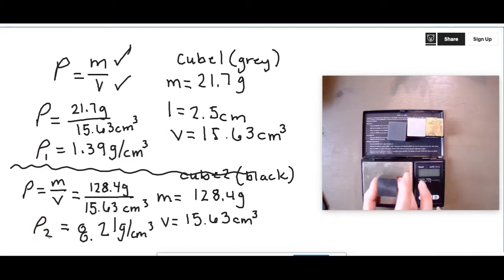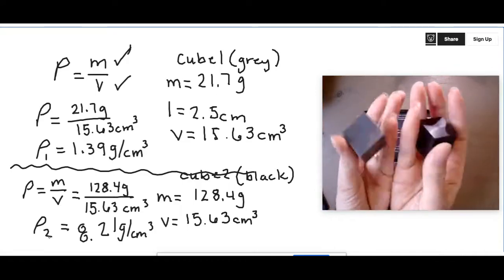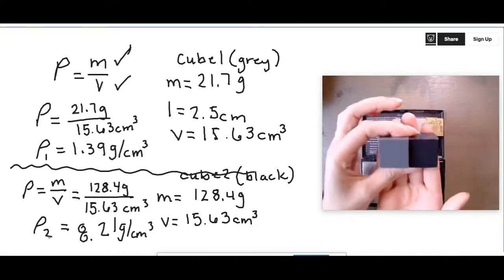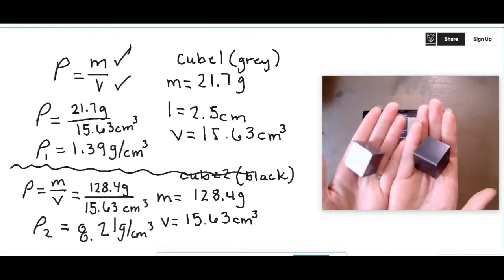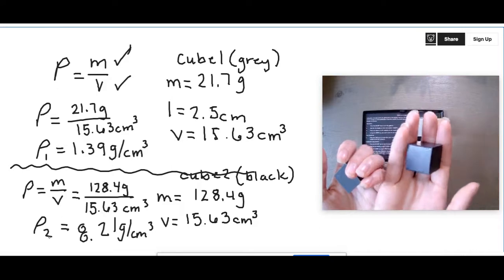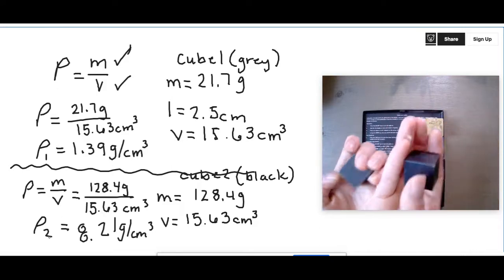Now, this gives us an excellent example of the conceptual understanding of density. So again, we can see here that although these two cubes had exactly the same volume, they have very different masses. As you remember from what I told you in the beginning of the video, this one is much more massive.